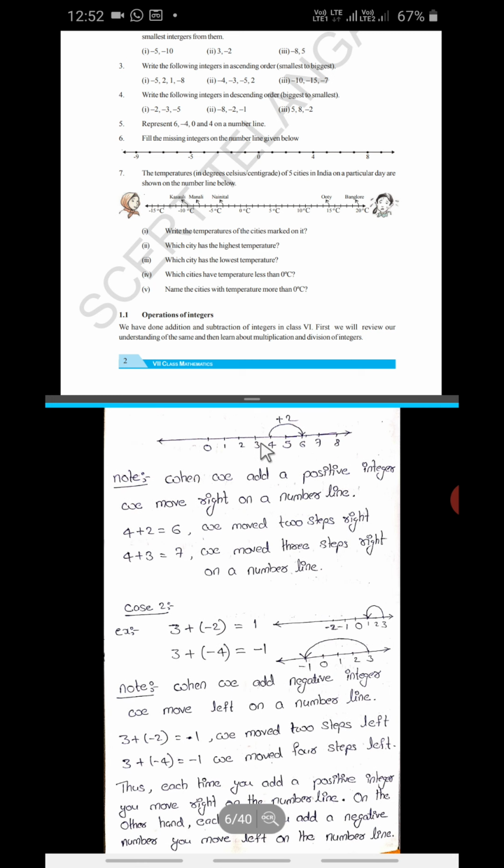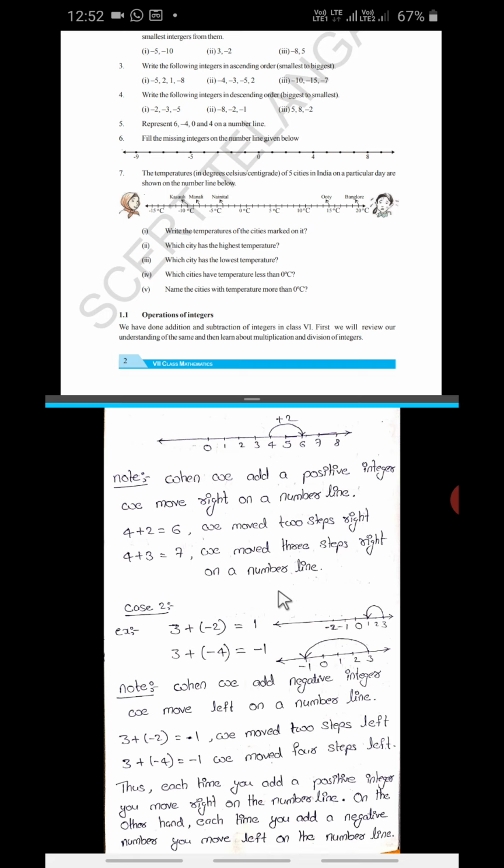In 4 plus 2, we move 2 steps right. Yes or no? While we are doing 4 plus 3 equal to 7, we moved 3 steps right on a number line. Correct? Yes.